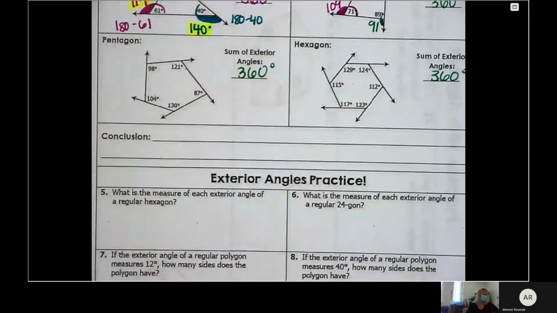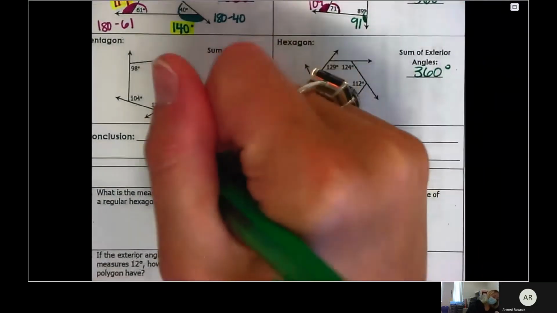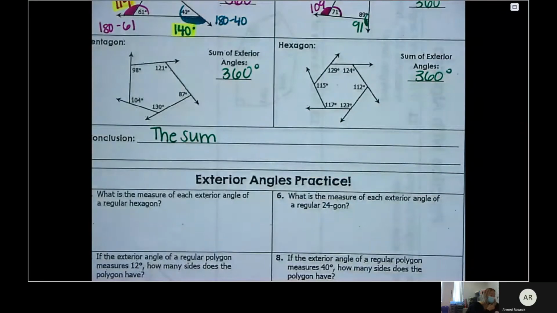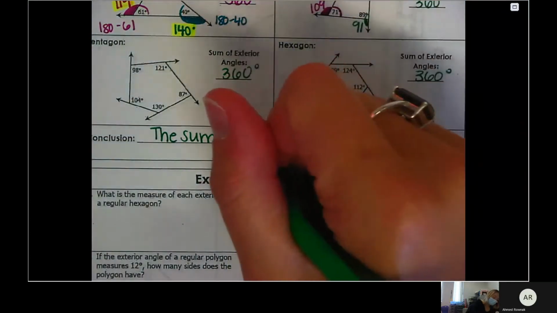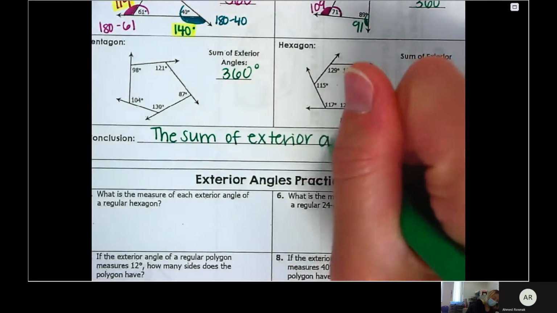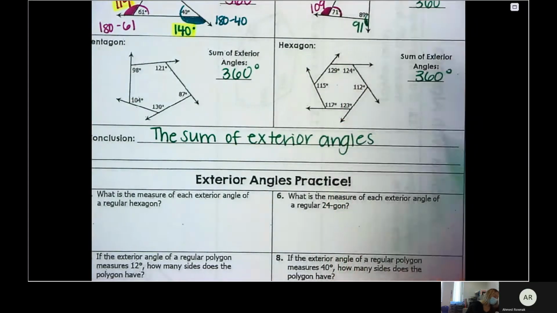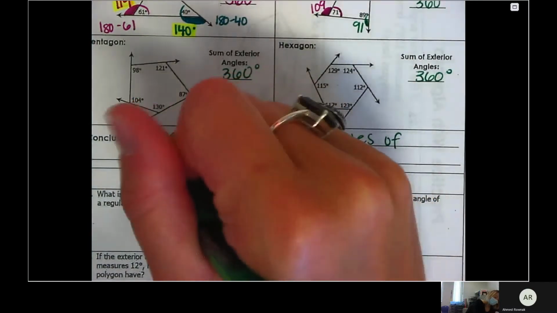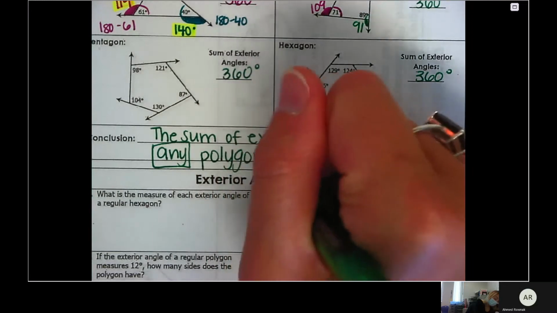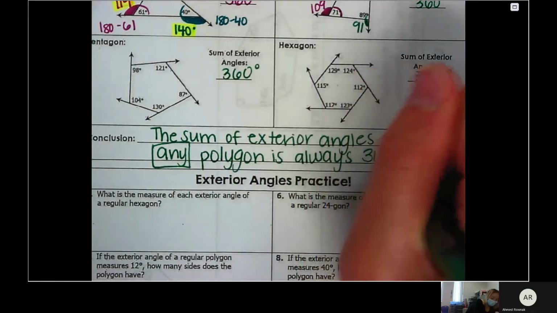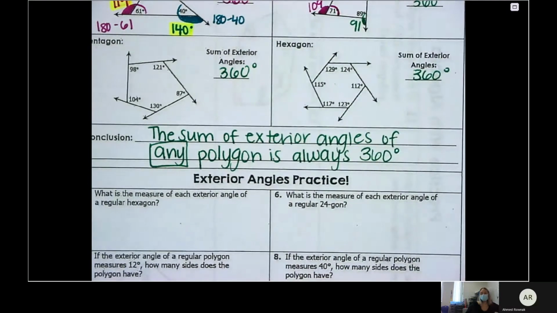So my conclusion is the sum, so sum means adding, right? The sum of exterior angles of any polygon is always 360 degrees.